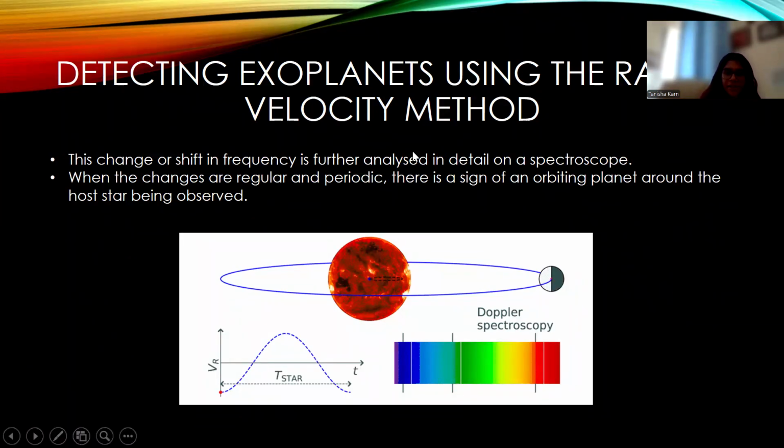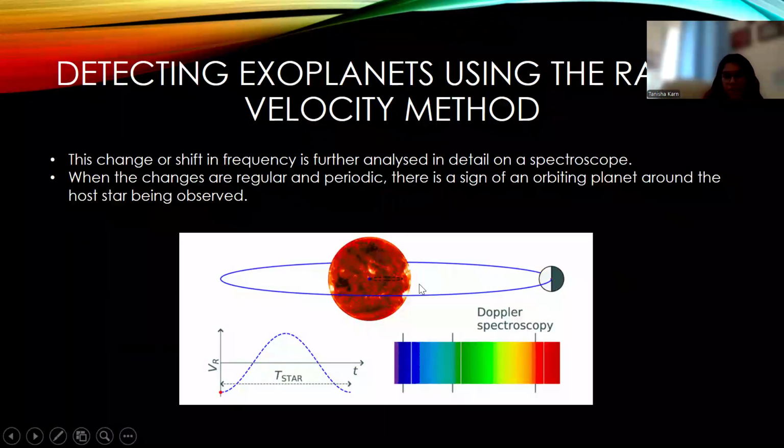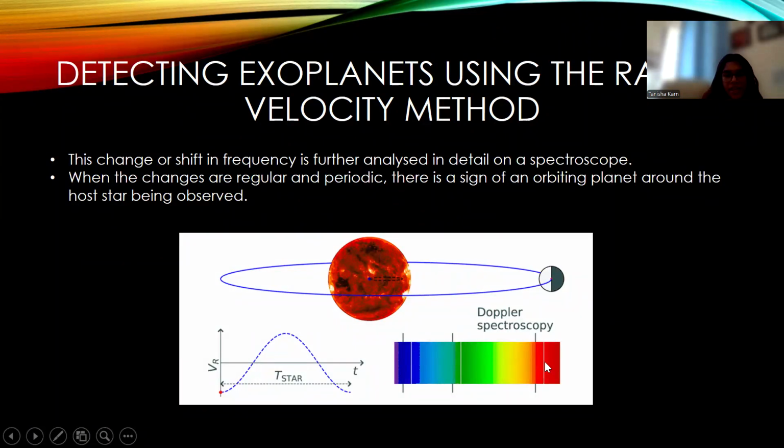This change in wavelength is analyzed on a device known as a spectroscope by scientists. And if there is a regular and periodic change on the spectroscope, then it can indicate to scientists that there is an exoplanet present.